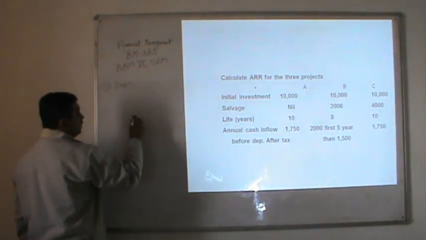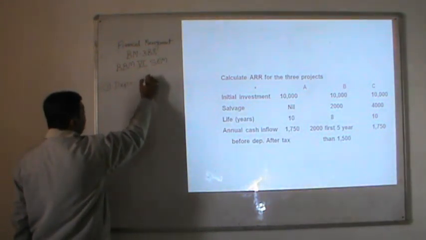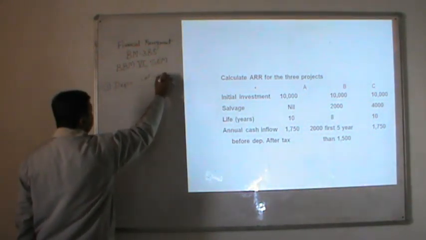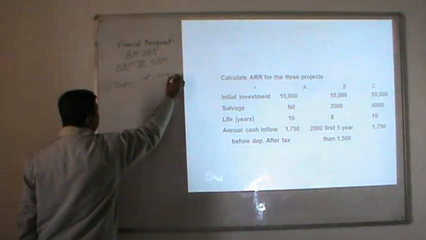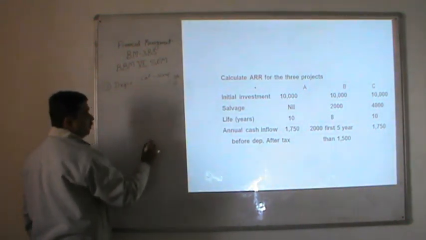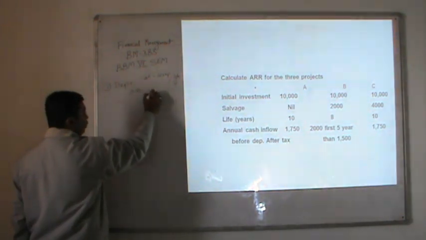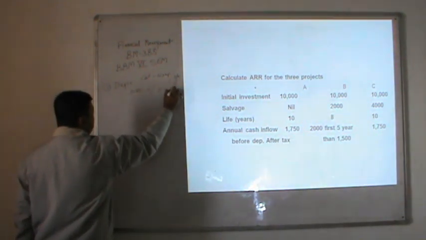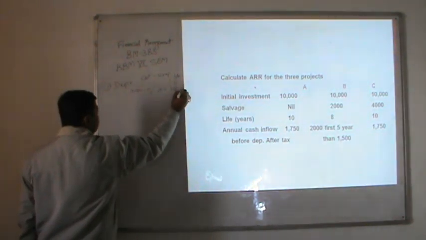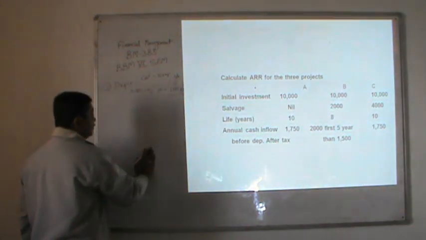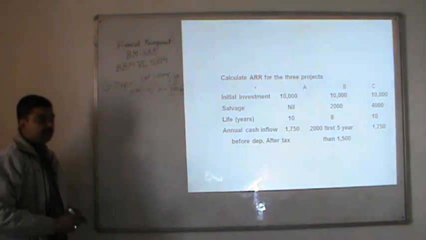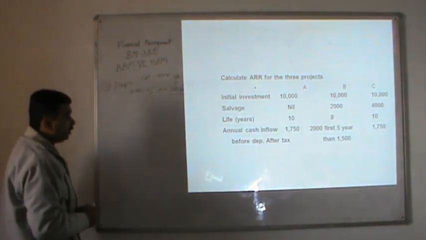The formula of depreciation is cost value minus scrap upon life in years. The cost value of the project is 10,000, scrap is 0, life is 10 years. So 1,000 rupees is the annual depreciation to be charged. This is the first thing we have to calculate.